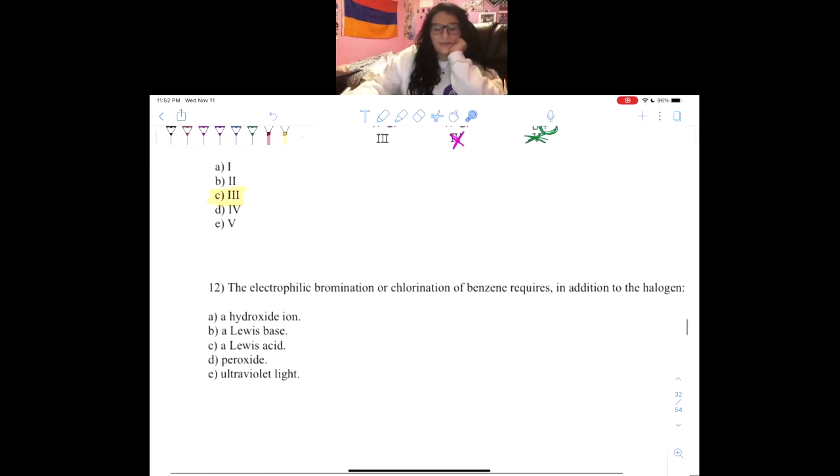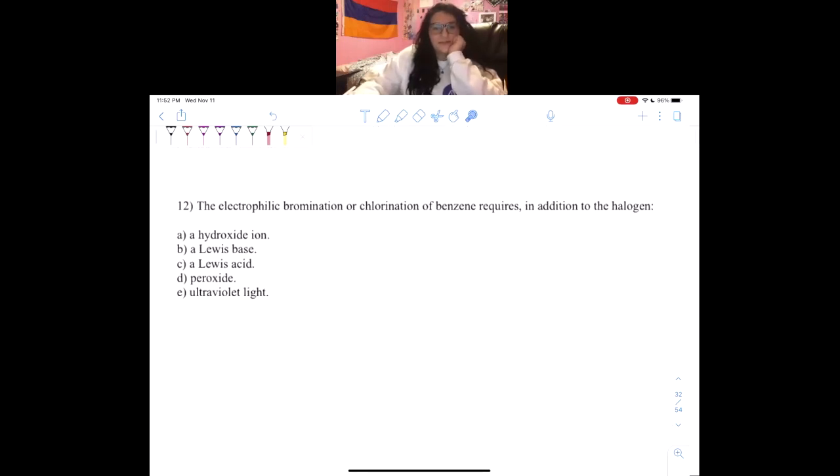So let's take a break from resonance for a second. We have a concept question. The electrophilic bromination or chlorination of benzene, aka this is an EAS, and we know it's a halogenation. And it's saying it requires what in addition to the halogen? So we know that EAS reactions are going to require some kind of catalyst because benzene is typically unreactive. And we know that we're usually either going to use an acid or a base in Orgo 2 in our reactions.